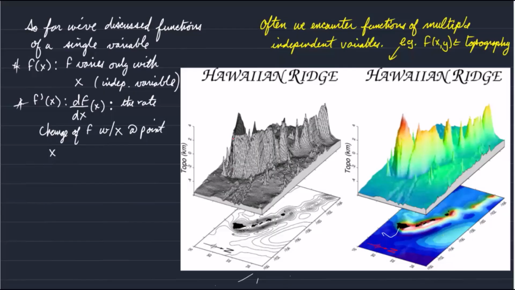So you can see that it's extremely vertically exaggerated, so the slopes are much higher, but you can see that the Hawaiian Ridge has substantial topography, and it varies as a function of x, which could be longitude, or y, which could be latitude. It's also displayed right here as a colored contour plot or colored perspective view. So that's one example.